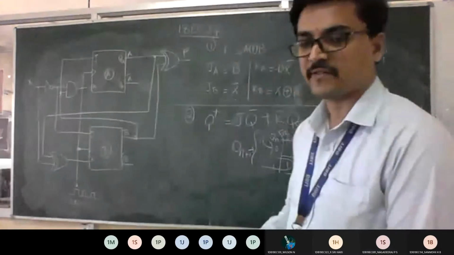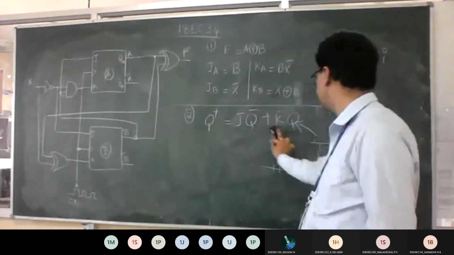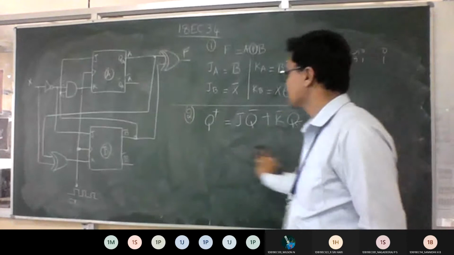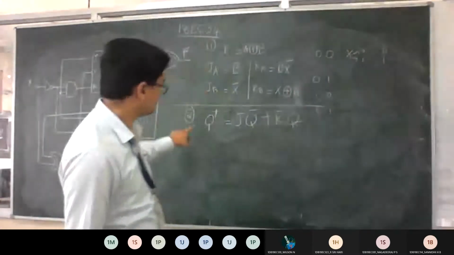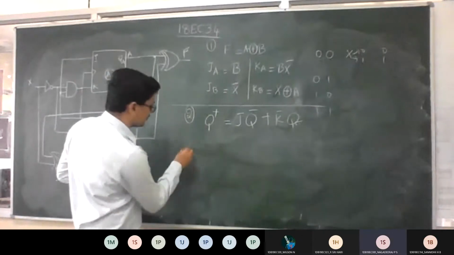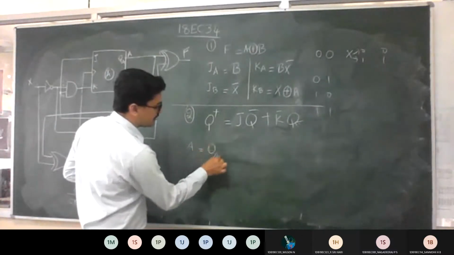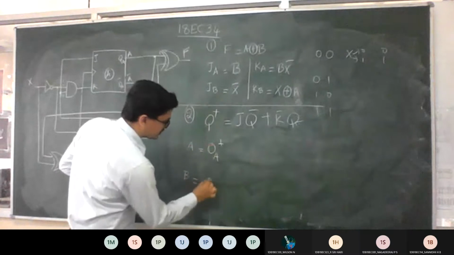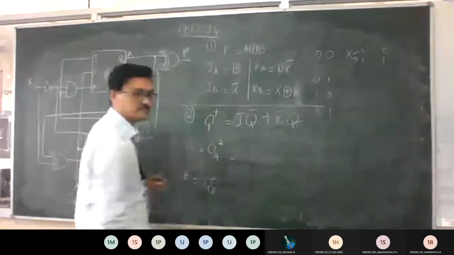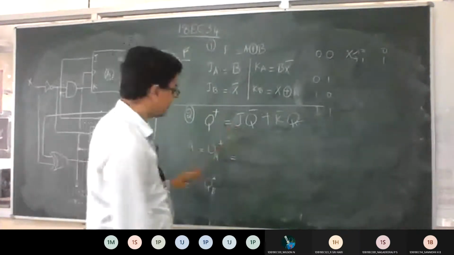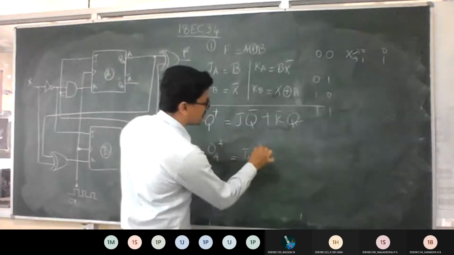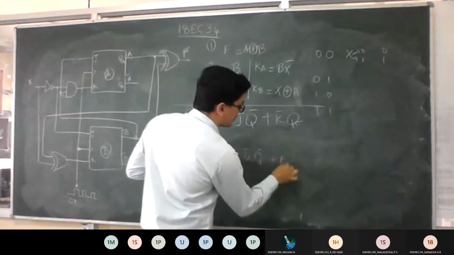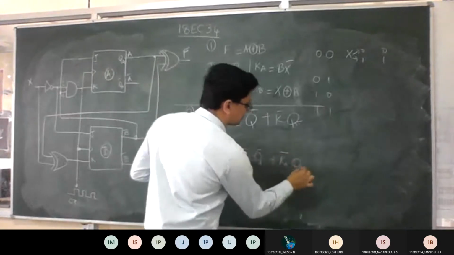So once you write the characteristic equation from the transition table or excitation table, what is the next thing you want? You want to get QA plus as well as QB plus. So what is this? Wherever Q is there, replace it with that A term: JA QA bar plus KA bar QA.